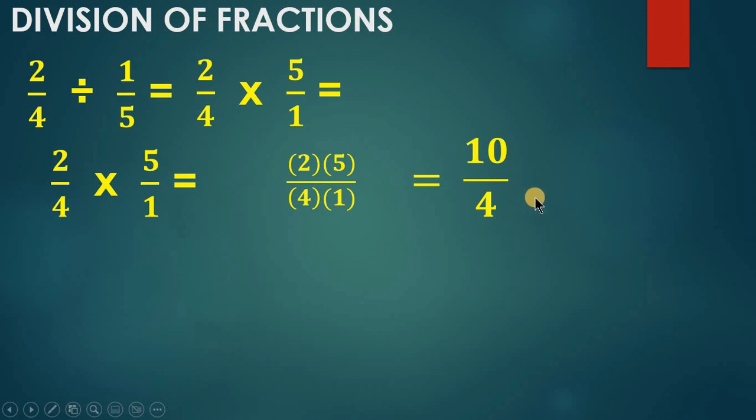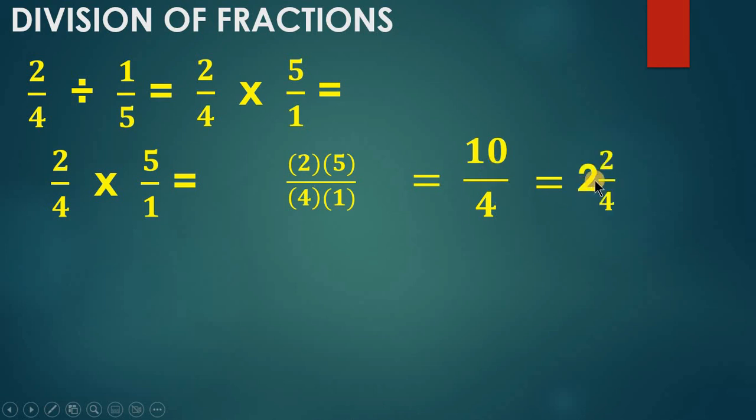Then, anong gagawin? Simplify natin. Ayan. So, gawin natin siyang mixed fraction. So, 10 divide by 4. So, tingnan natin, isipin natin, 4. Ilang 4 meron yung 10? So, di ba dalawa? So, kapag dalawa ang 4 ng 10, so that's 4, 8. So, ilan ang sobra? Dalawa din.